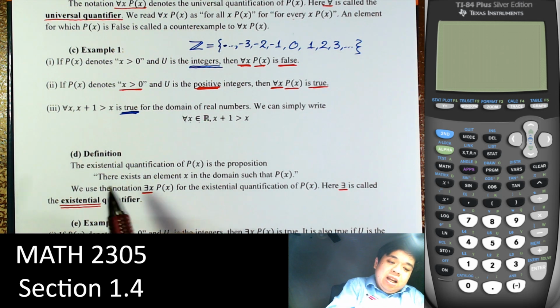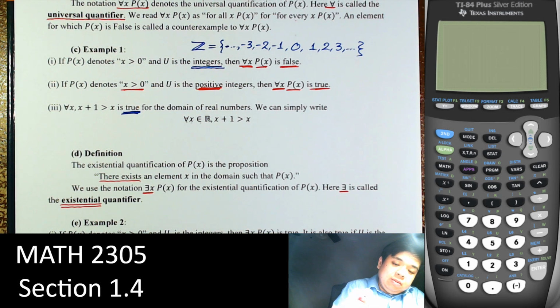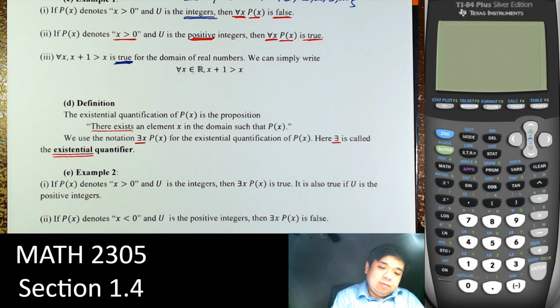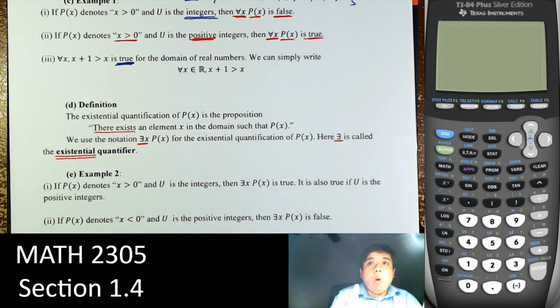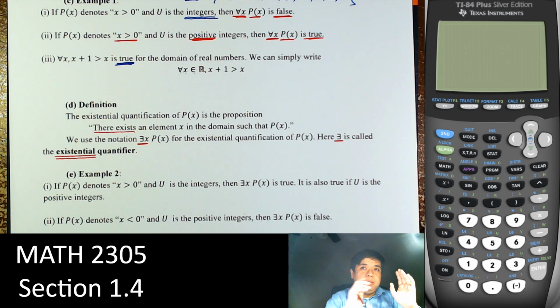That means there exists an element in the domain such that p of x. So there could be one element, could be a lot of elements. It could be anywhere between none and all, between nothing and everything. Anything in between is the existential quantifier.